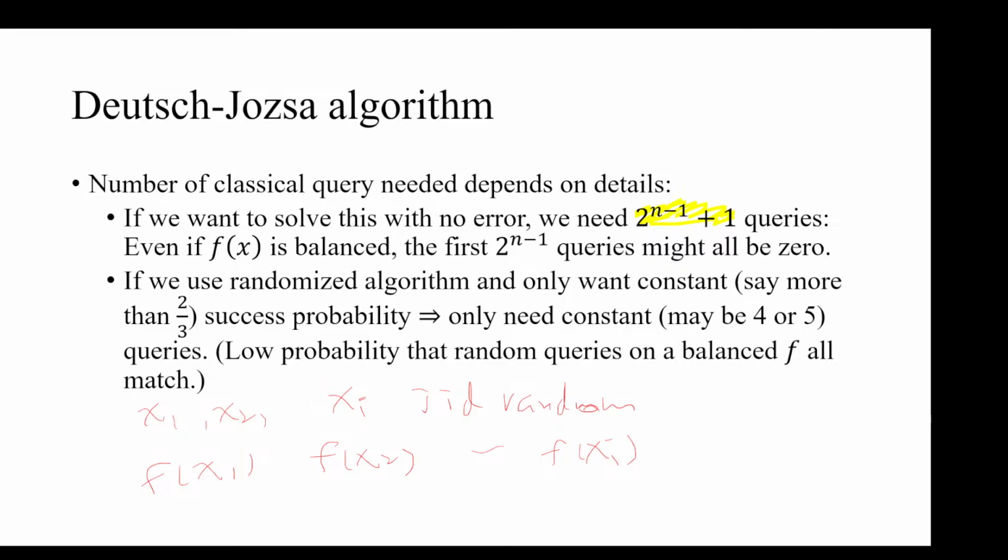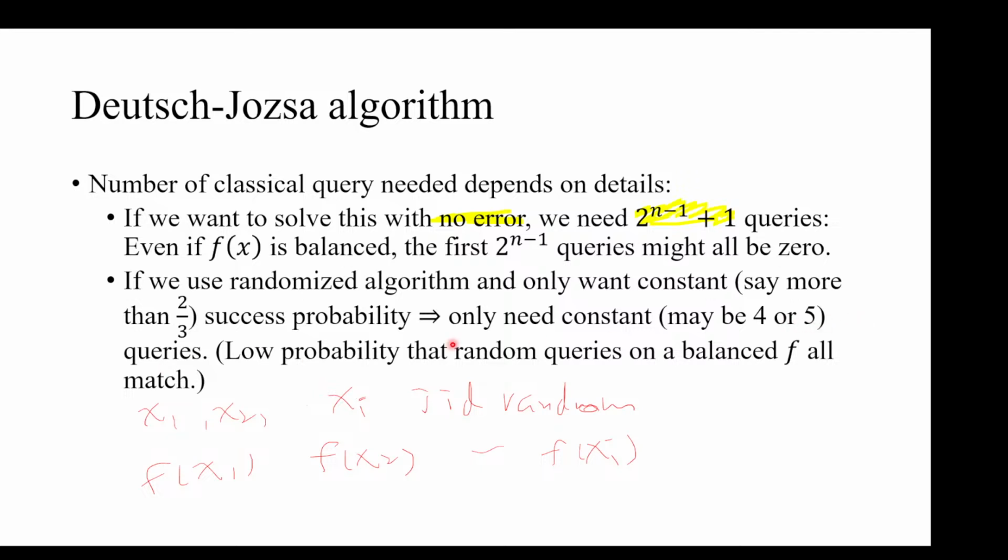If we want a deterministic algorithm that solves with no error, we need this exponential number of queries, 2 to the n minus 1. Okay. And so that's classical query complexity. It's pretty complicated. It depends on whether you want a deterministic algorithm or a randomized algorithm with constant success probability.